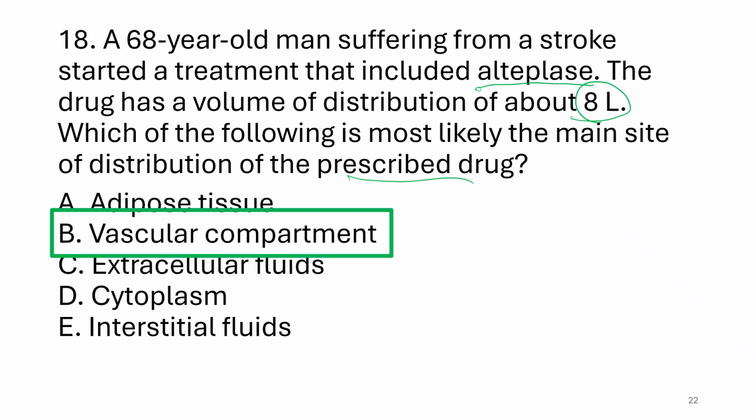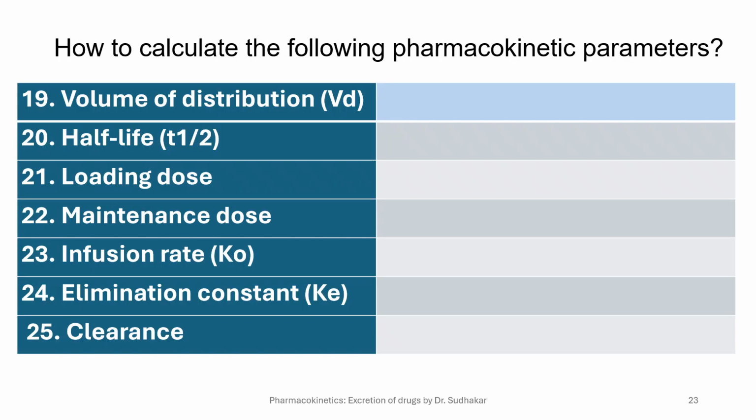That is the vascular compartment, because if the volume of distribution is small, you can think it is mostly the intravascular compartment. Alteplase has a high molecular weight, and it won't cross the membrane easily. It is restricted to the vascular compartment. If the drug reaches the adipose tissue, extracellular fluids, cytoplasm, or interstitial fluids, they have more than 10 liters volume of distribution, then you think of all these other sites of distribution.